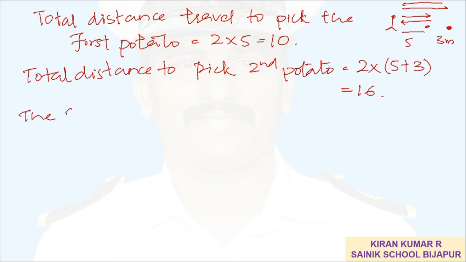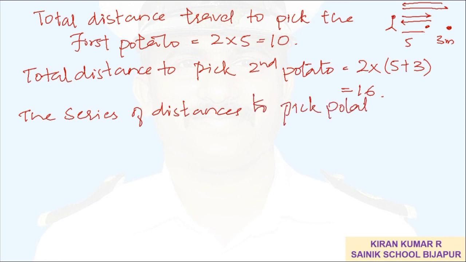So the series of distances to pick potatoes will be 10, next is 16, next is 22, and it continues. Here the total number of potatoes is given as 10, so I can find out the nth term. Nth term will be a plus 9d.